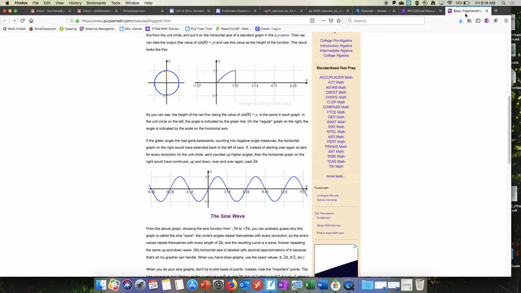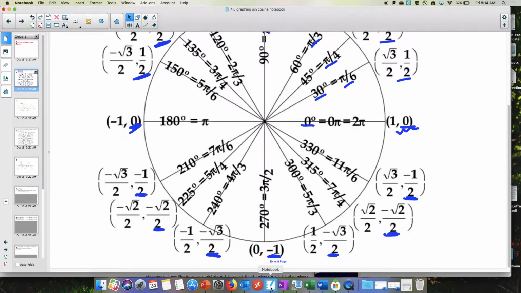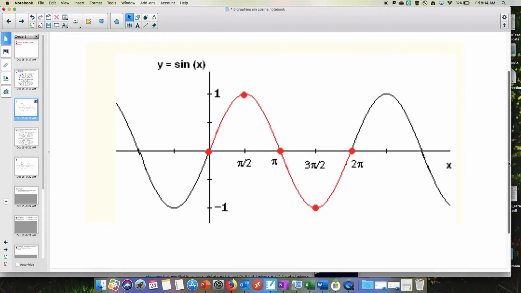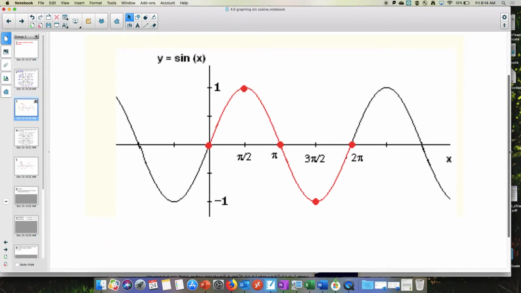But what I'm concerned about, I want you to be able to recognize just one chunk of the graph. So I am going to have you draw this red highlighted piece of the graph in your notebook. There's 5 coordinates, and make sure we have these labels there.